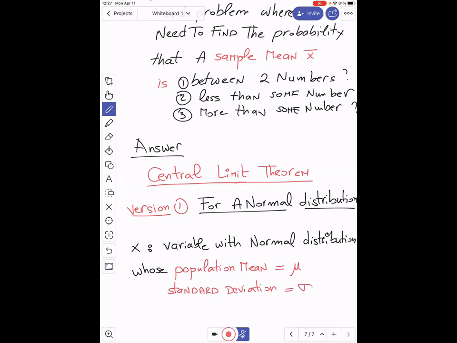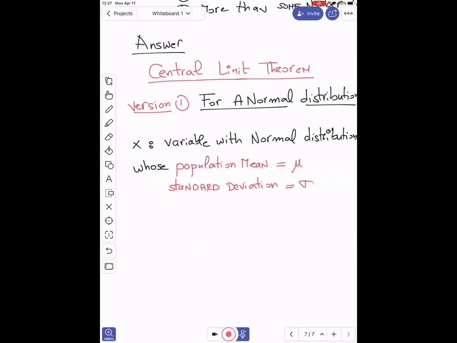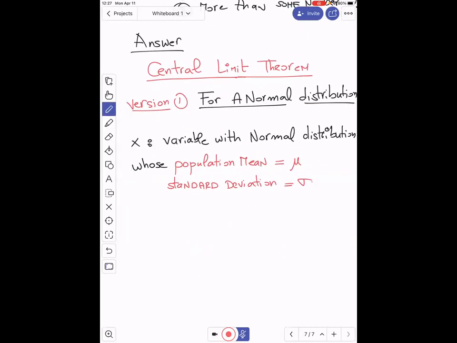Then we take a sample of size n, and let X bar be the sample mean.